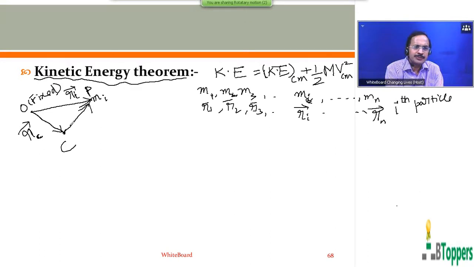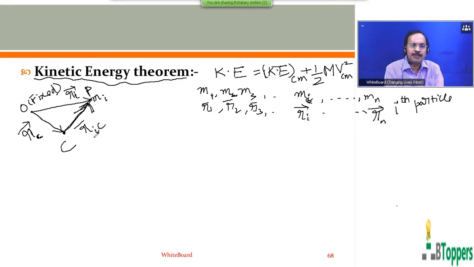CP bar. That means if you change the origin of the coordinate system to the position of center of mass, then CP bar represents the position vector of the particle situated at the point P with respect to the center of mass of the system as the origin. So it is denoted by R bar subscript IC.